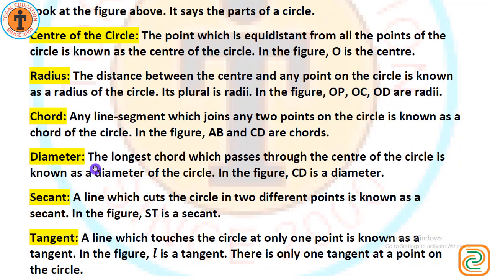Then diameter. The longest chord which passes through the center of the circle is known as a diameter of the circle. Here CD is a diameter. Secant. A line which cuts. This is not a line segment. Chord is a line segment. This is a line. A line which cuts the circle in two different points is known as a secant.